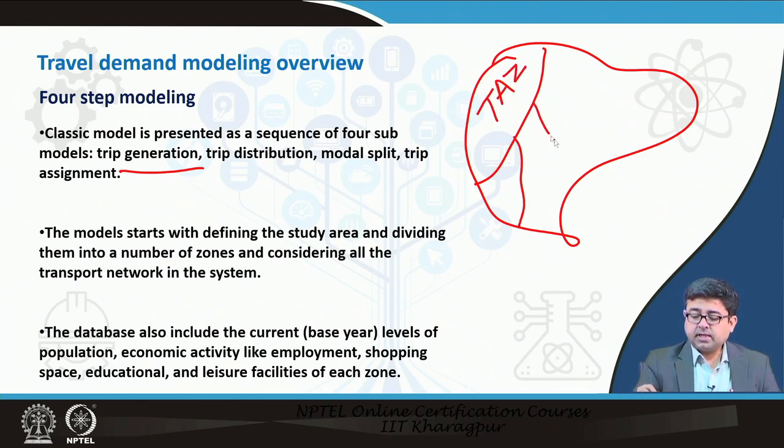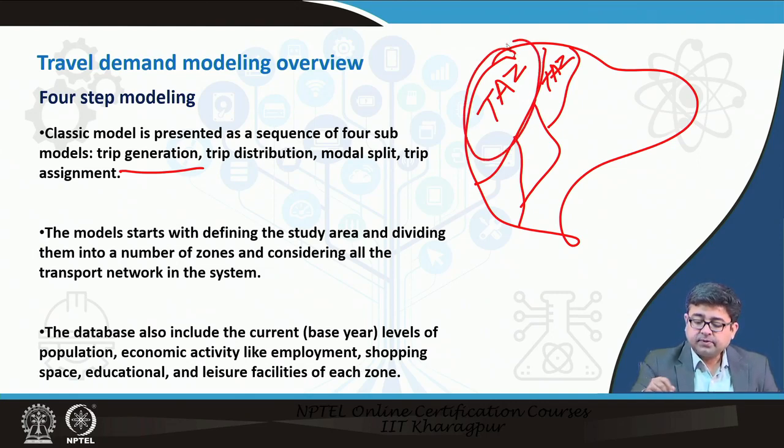So, you divide the entire city into different types of traffic analysis zones, and this is called a macro model because now it is going to use this zone at a macro level to predict how many trips are entering and exiting this zone. So, remember, we are not doing it at a micro level.